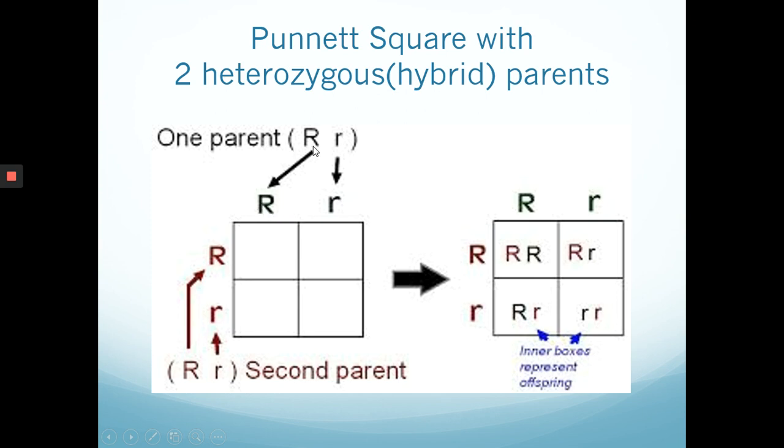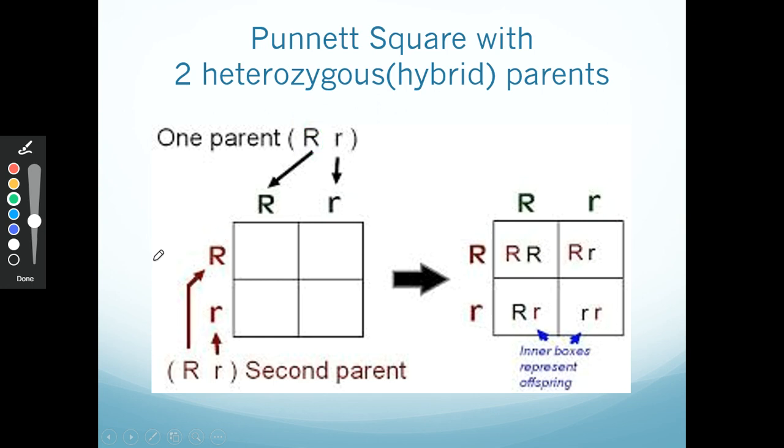Okay, so this parent, and again, we're assuming that tongue rolling is a genetic trait. So here we have the male parent, heterozygous, and he would be a tongue roller because of that dominant form of the allele.